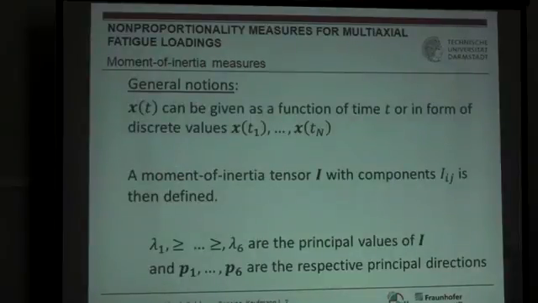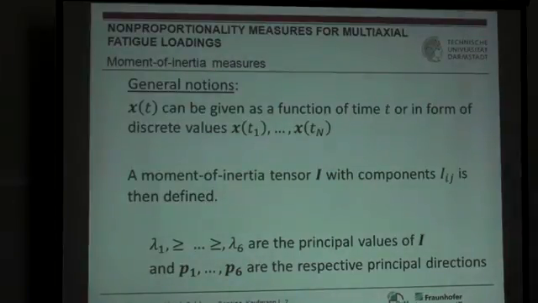Okay. So now this vector x of t is a time-dependent function, or this tensor path can be represented by discrete samples, x of t1, x of t2 and so on.